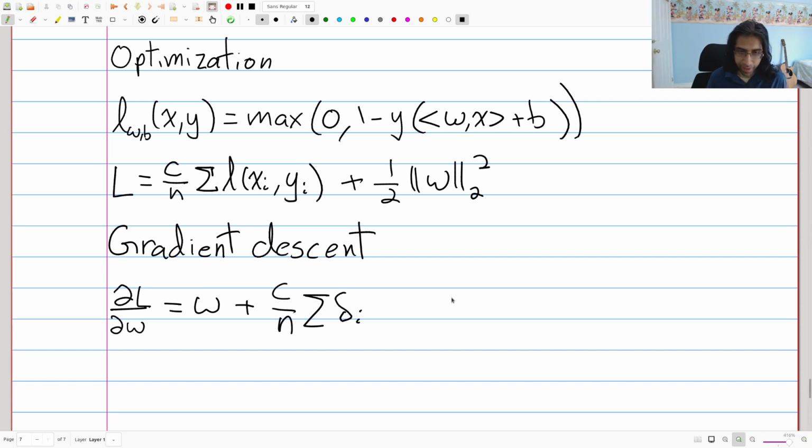Where this delta i is going to be either equal to 0 if, I'll draw a picture in a sec, so we'll see.